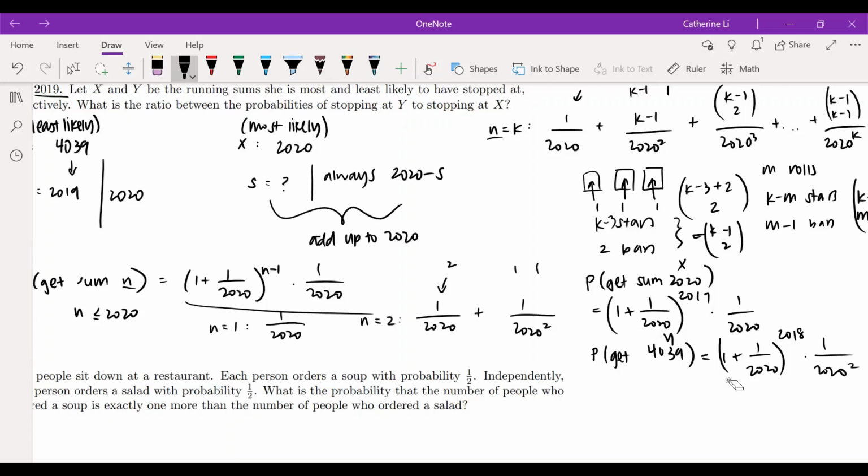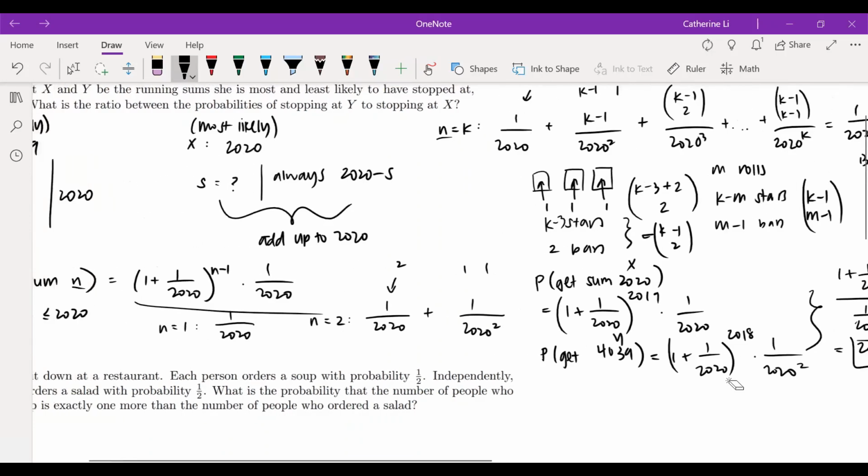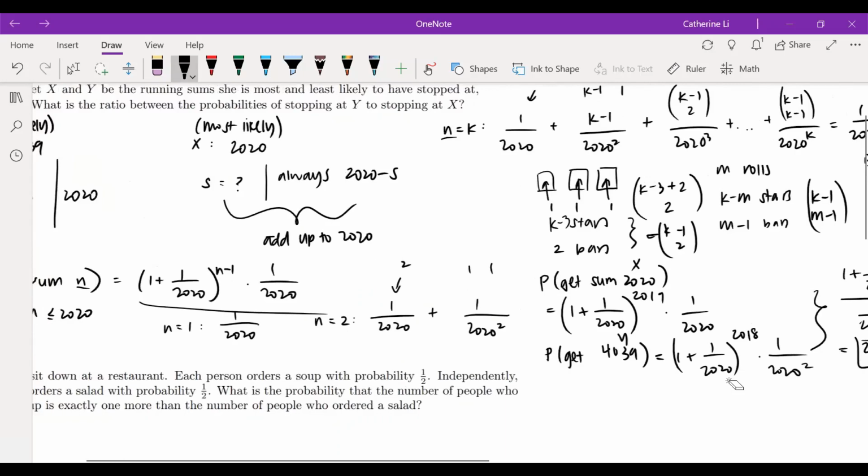Okay, yeah, and then finding the ratio of these two, we just get 1 plus 1 over 2020 over 1 over 2020, which is 2021. Okay, so there's kind of two parts to this problem.